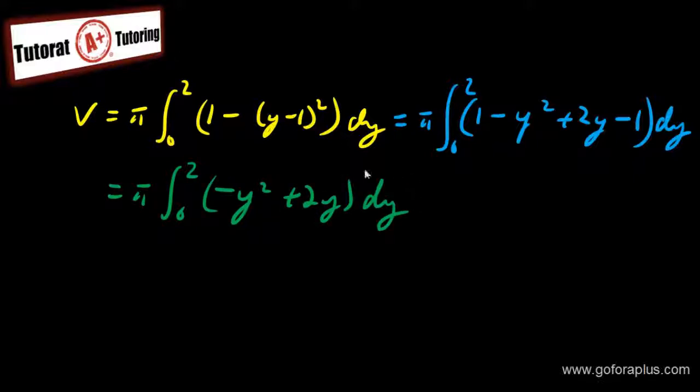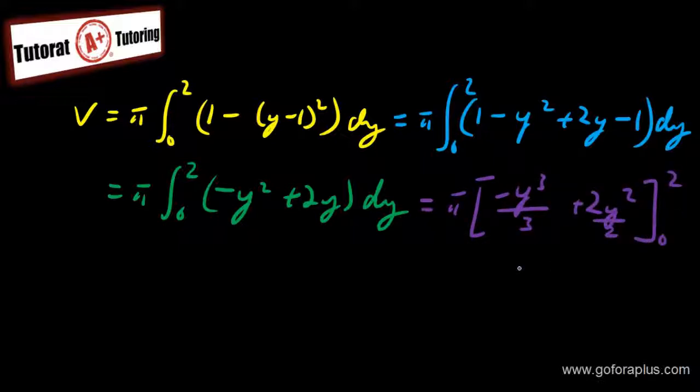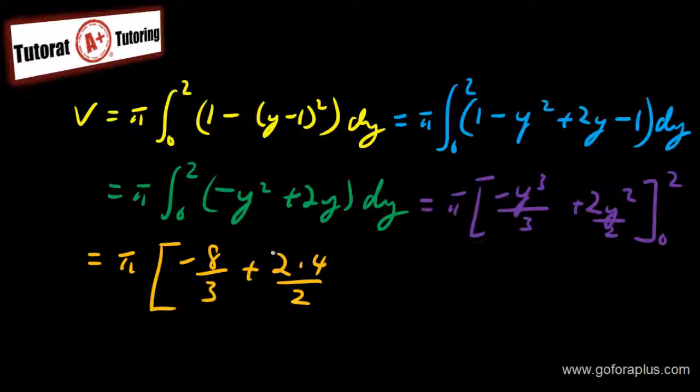Now the integral of this is very easy to do. Pi, and then I have minus y cubed over 3 plus 2y squared over 2, from 0 to 2. Now I just need to plug in the numbers. If I plug in the numbers, it'll give me pi in front. I have minus 8 over 3 plus 2 times 4 over 2, well, that cancels out, right? So it's just 4.